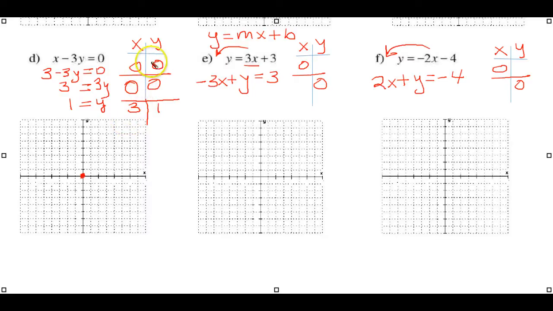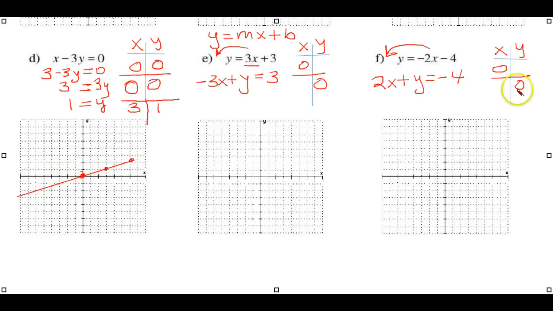So we know it goes through 0, the origin, but now when x is 3, y is 1. So there's your second point. Now you could also go over 3 more and up 1 to get a better straight line here. So there's your graph for letter D.